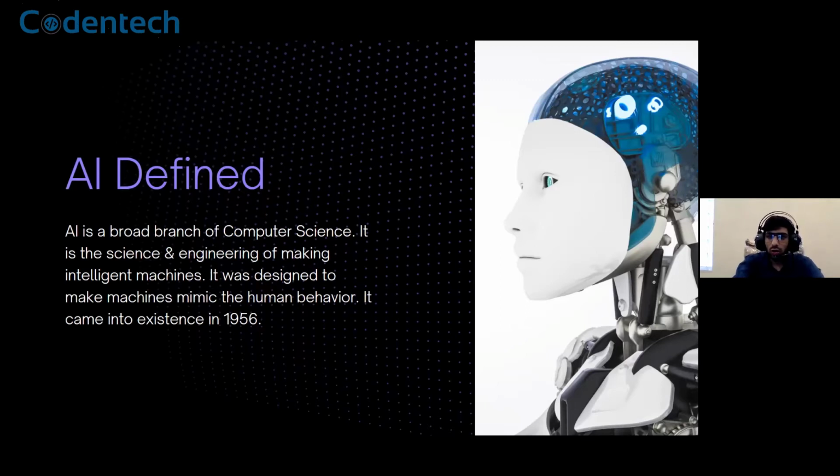A lot of students are confused about what is AI, what is ML, and what is deep learning. They are always confused about what the difference is. So let us understand the difference between these three terms, how they are interrelated, and how they are not.